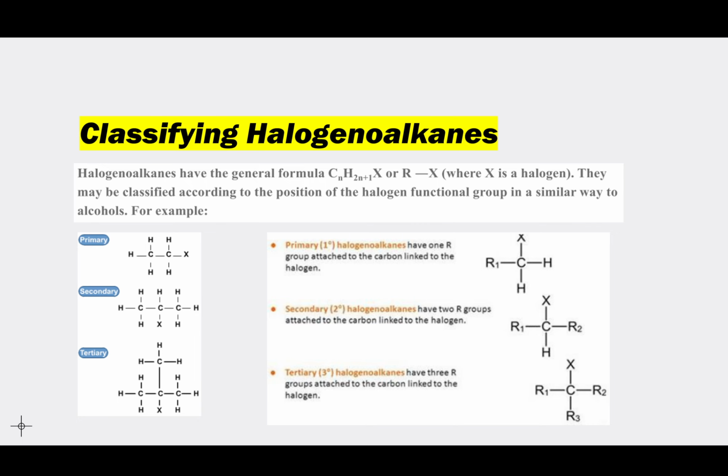Primary halogenoalkanes are attached to a carbon which is attached to only one other carbon. Secondary halogenoalkanes are attached to a carbon which is attached to two other carbons. And tertiary halogenoalkanes have the halogen attached to a carbon that is attached to three other carbons.